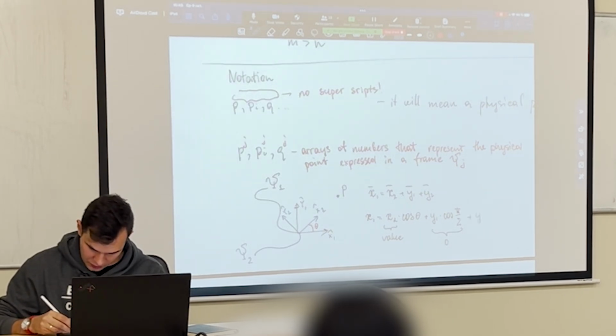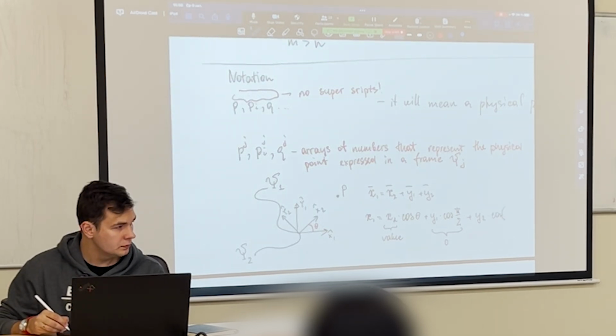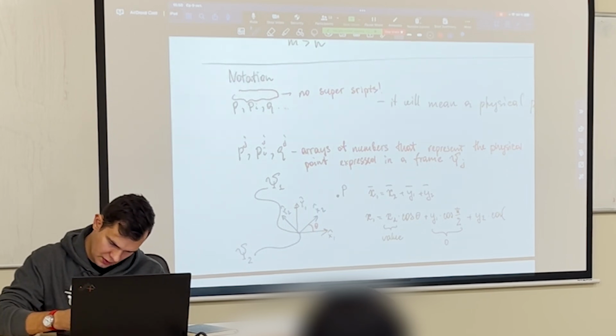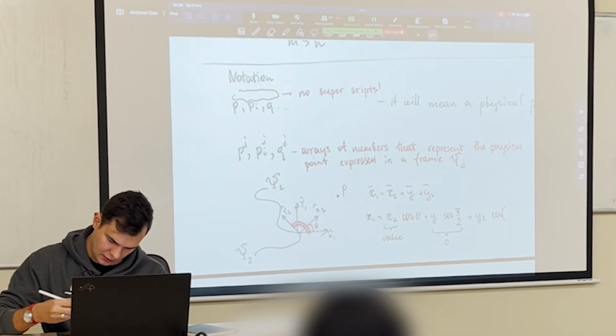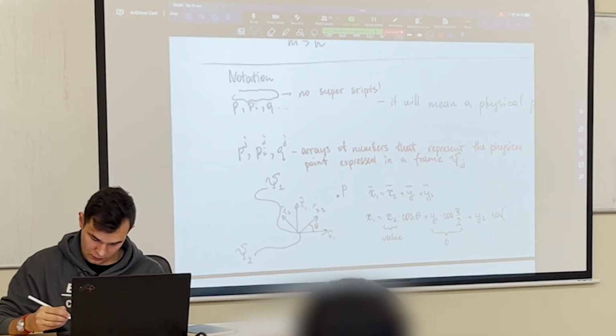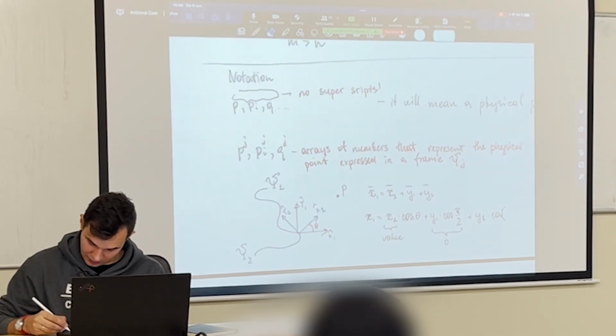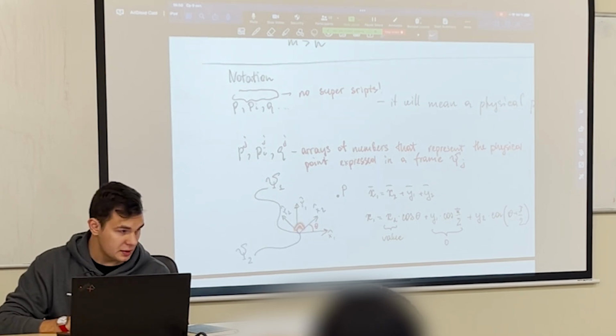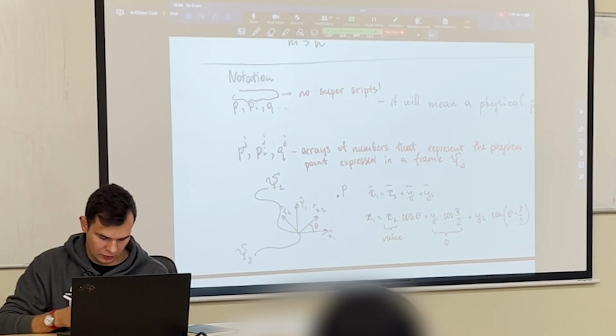Plus y2 times cosine of, basically this is the angle, it could be minus, but I mean it's trigonometry, it's a sum of pi over 2 plus theta.